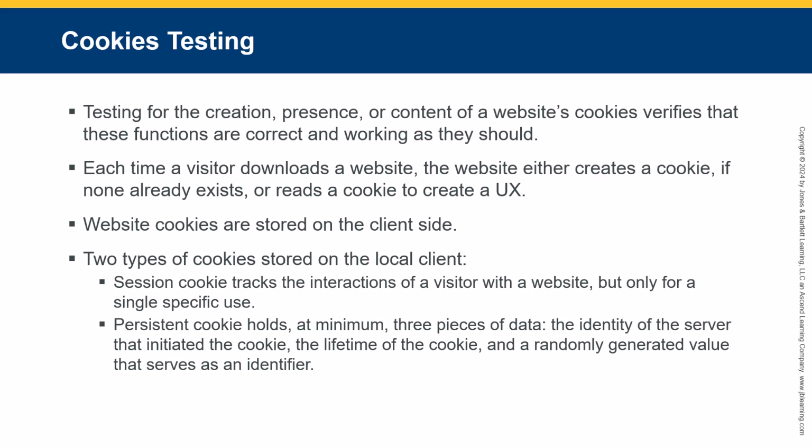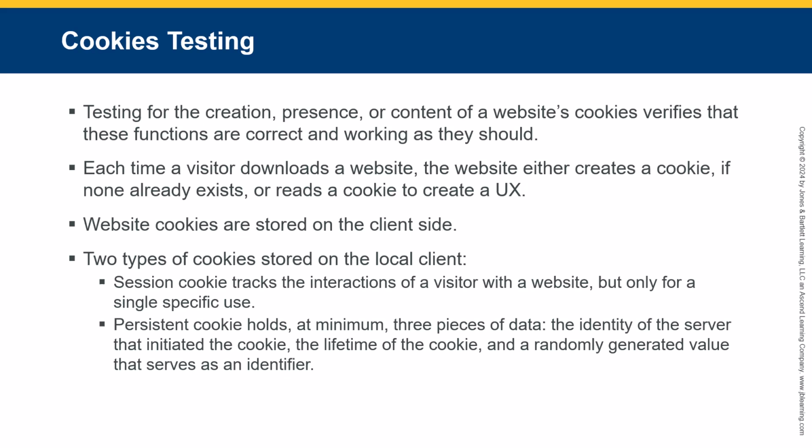Then we have to do cookie testing. This is testing for the creation, the presence, or content of a website cookie that will verify the functions are working correctly as they should. Each time a visitor downloads the website, it either creates a cookie, if none exists, or reads a cookie and creates a UX. Website cookies are stored on the client side, and there are 2 main types of client-side cookies: session cookies and persistent cookies.